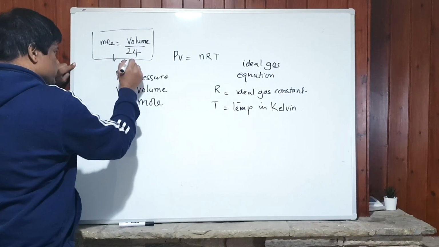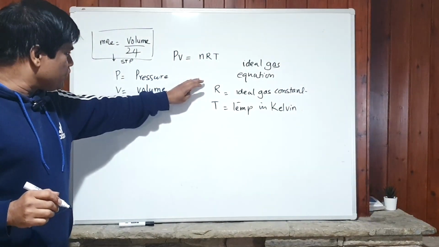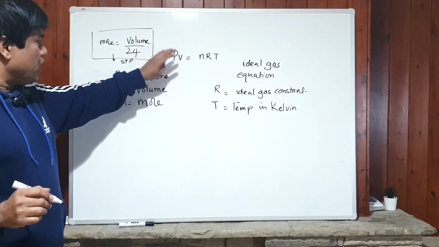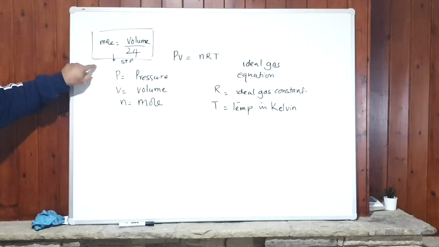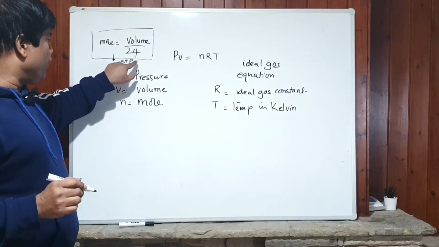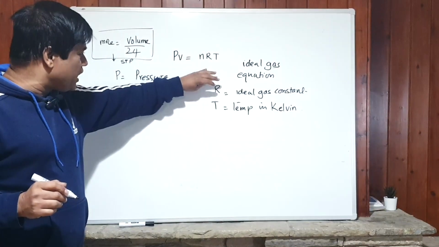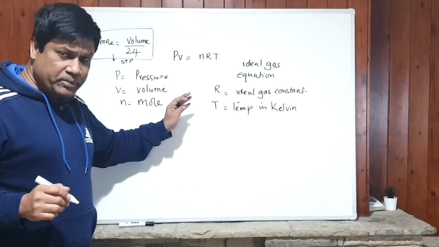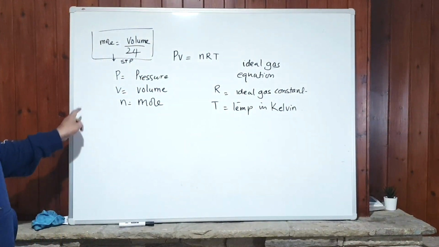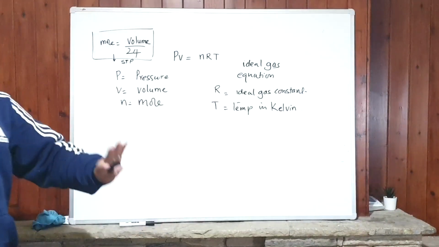It means room temperature, 1 atmospheric pressure. But here you can use PV equals nRT for any temperature, any pressure, any volume. Both these formulas are used for gaseous substances, not for solids, not for liquids.